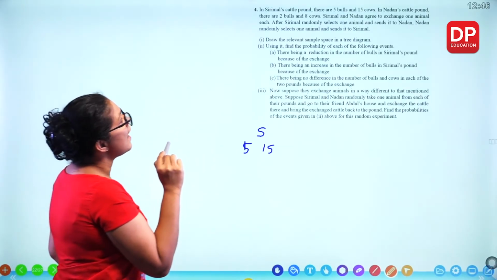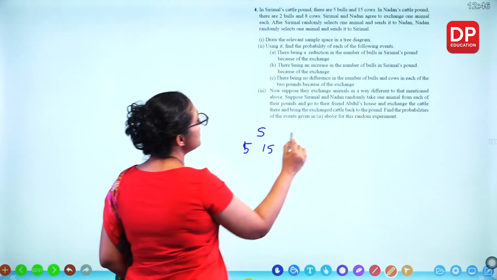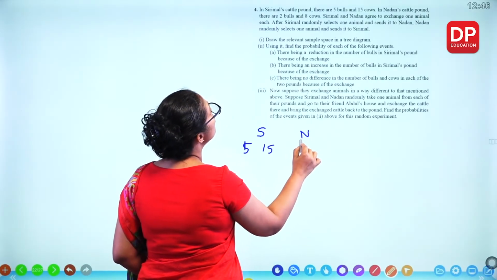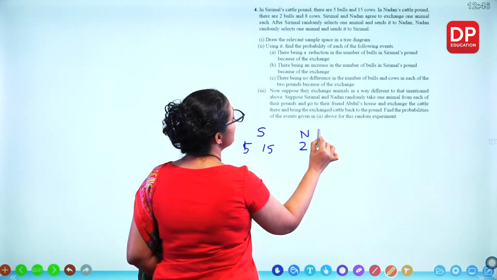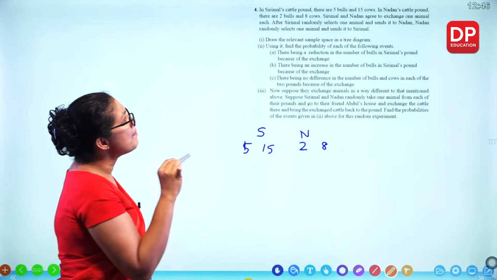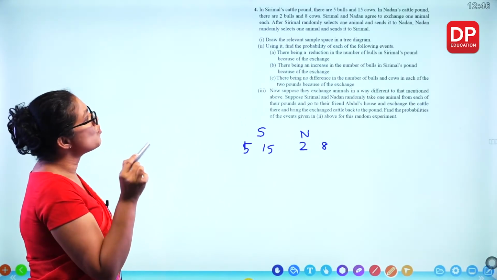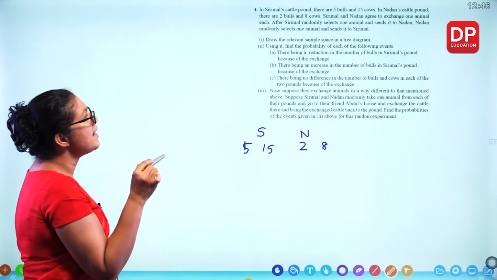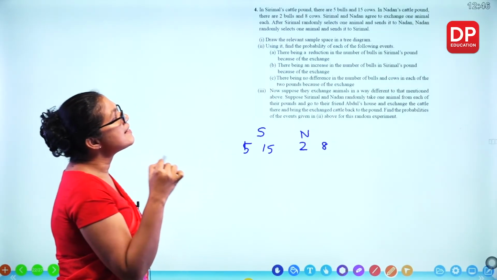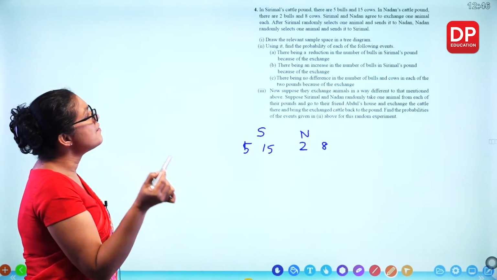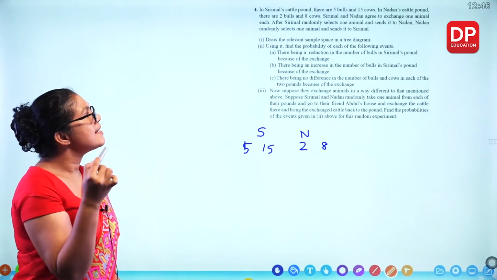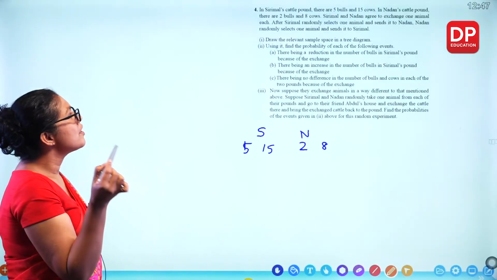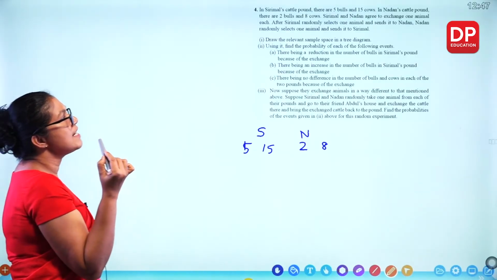In Nathan's cattle pound, there are 2 bulls, this is Nathan, 2 bulls and 8 cows. Sirimal and Nathan agree to exchange one animal each. Sirimal randomly selects one animal and sends it to Nathan. Nathan randomly selects one animal and sends it to Sirimal. Draw the relevant sample space in a tree diagram.